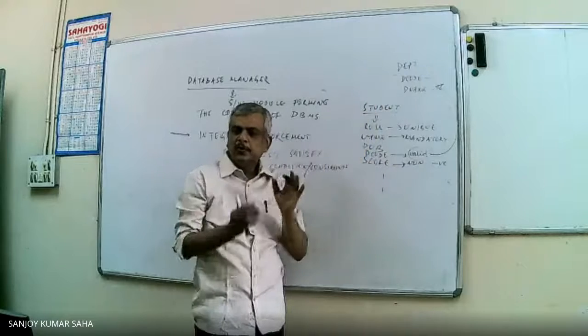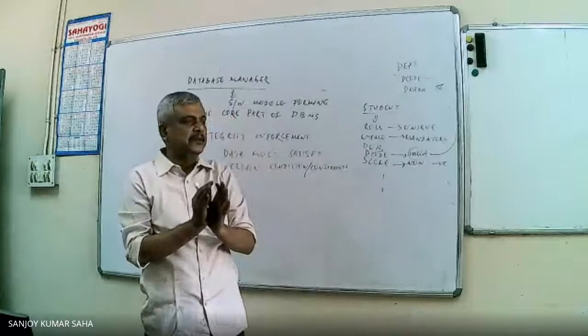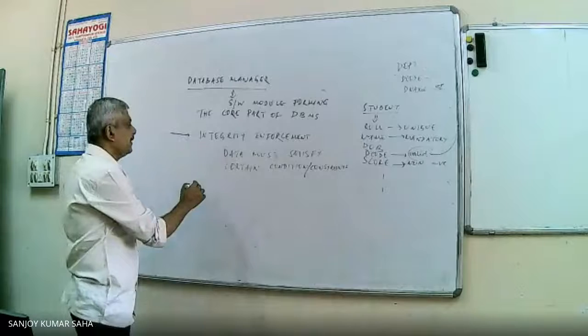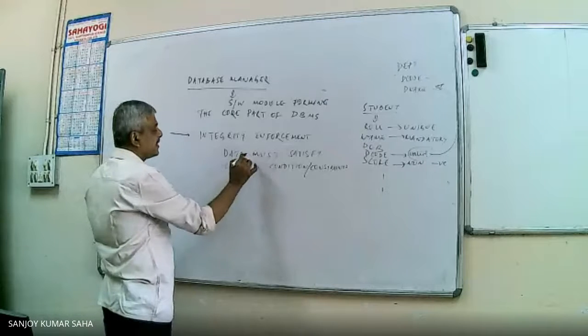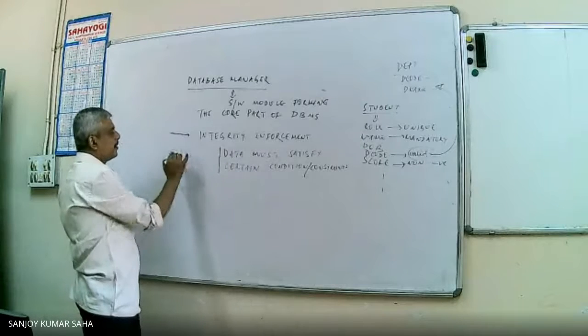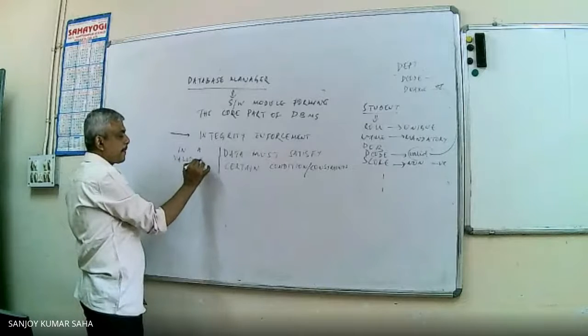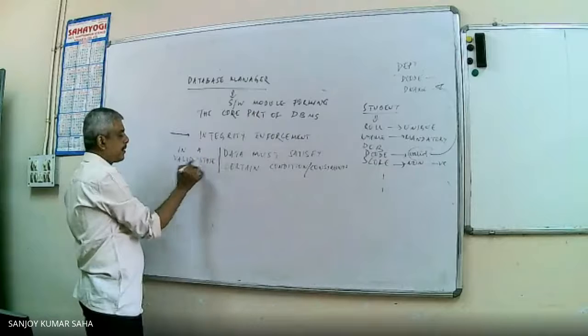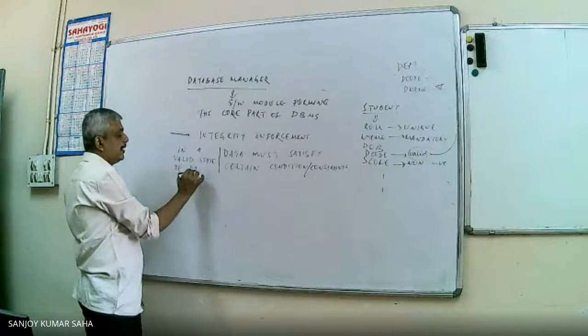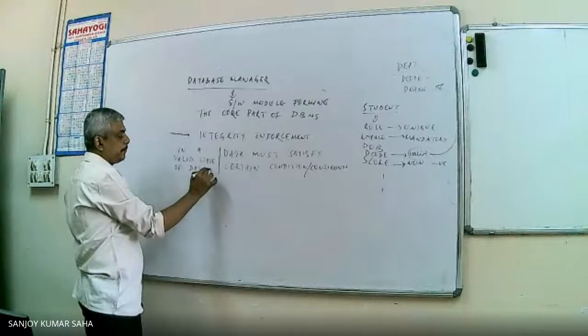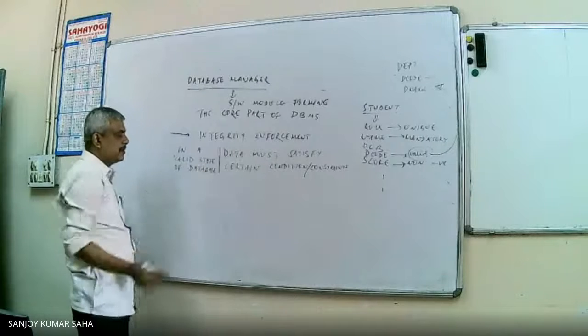So the thing is that in my database, in a valid state of the database, data must satisfy certain conditional constraints.